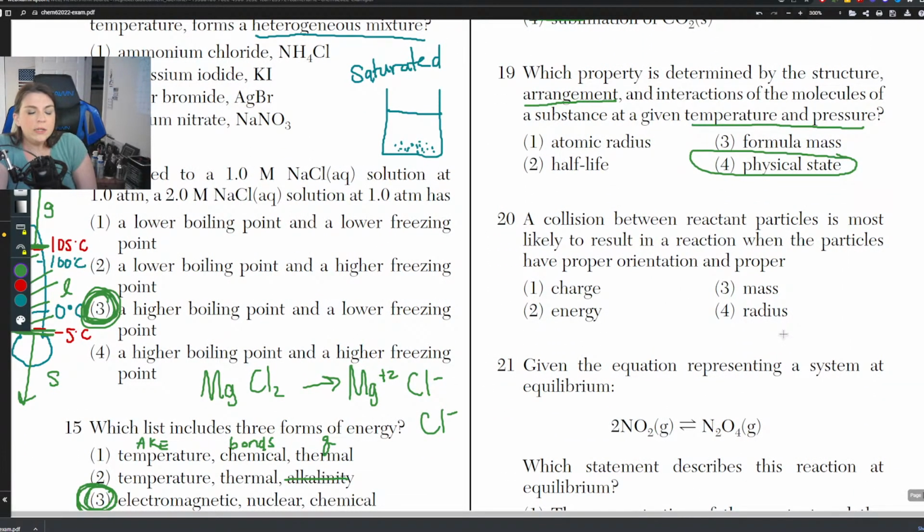Question 20. A collision between reactant particles is most likely to result in a reaction when the particles have proper orientation and proper energy. That is, again, a beautiful definition, and the definition is of effective collision.